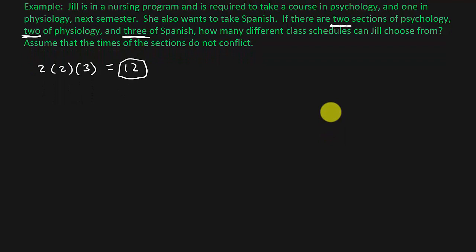So let's suppose that we're going to pick our schedule. And so the first class that we're going to pick, the section that we want to be in, is psychology. So if we're starting our schedule here and we go here, we can either choose section 1 or section 2.